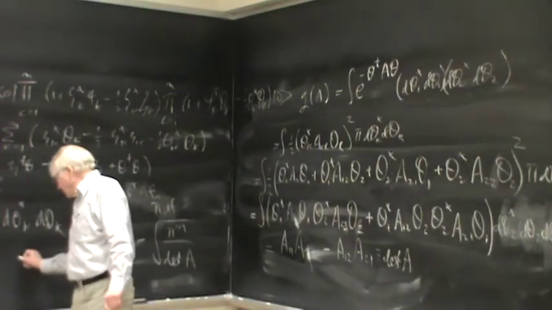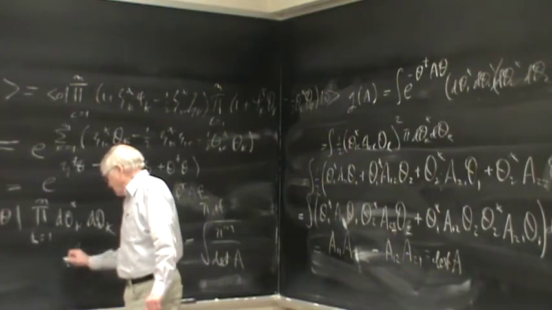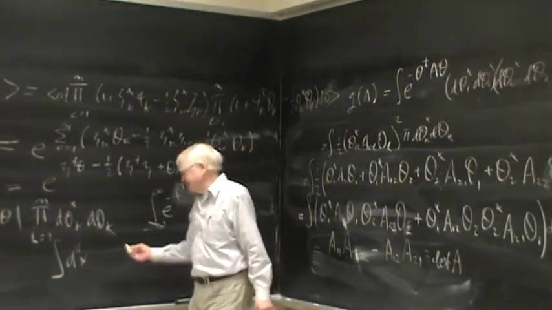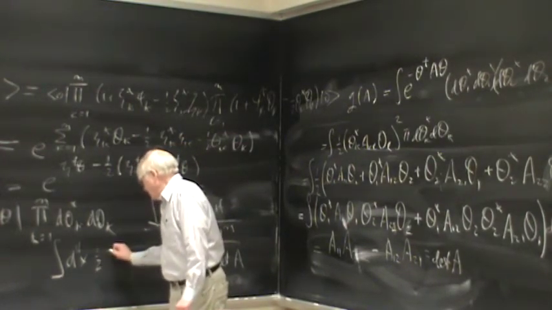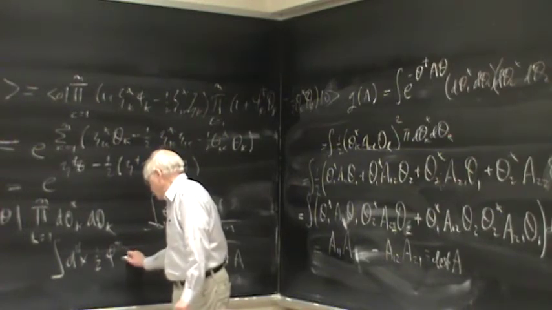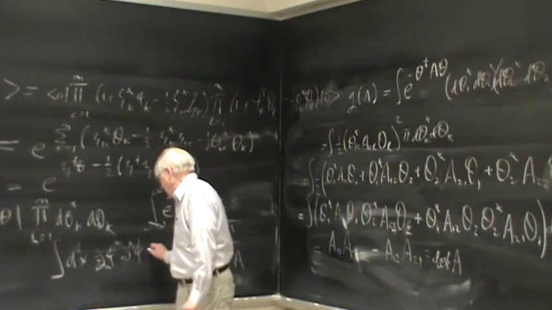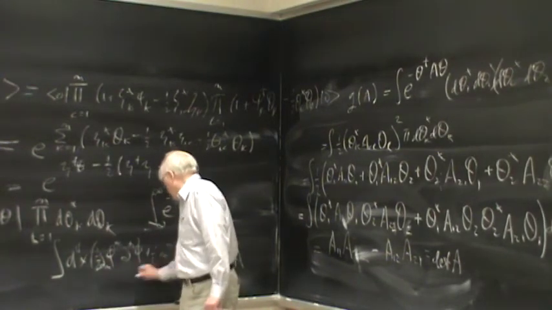Well, A would be the integral d4 x, in other words, this quadratic form would be an integral of something like a half phi star, well, you know, all these different terms, d mu phi, like that, plus a half m squared phi squared, and so forth.